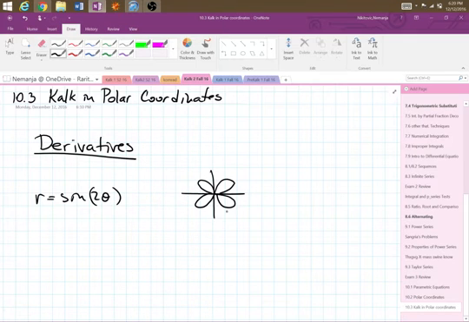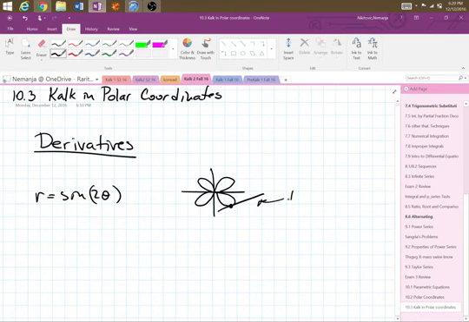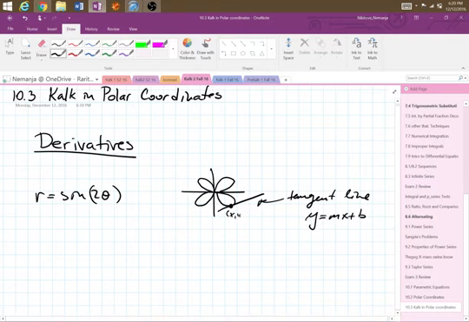Observe that we still have tangent lines. And this tangent line must have equation y equal mx plus b. So there has to be a way to find this line. You know that this point is going to be xy, but you know that each point is obtained by r theta.